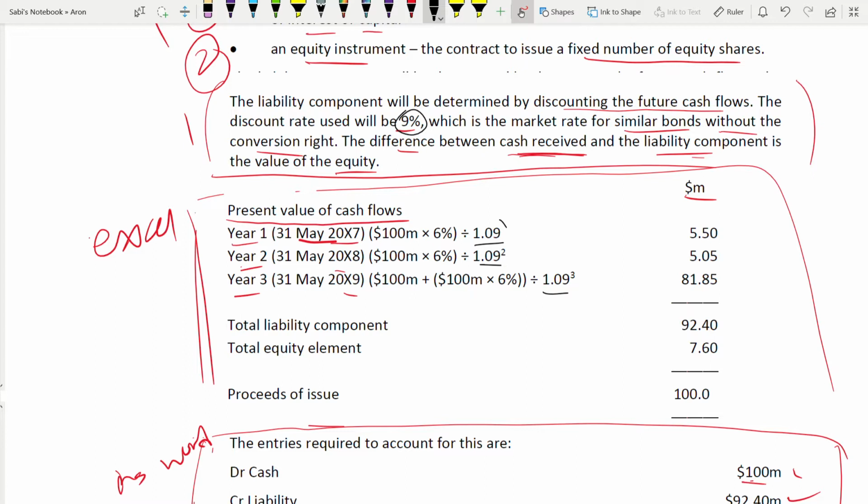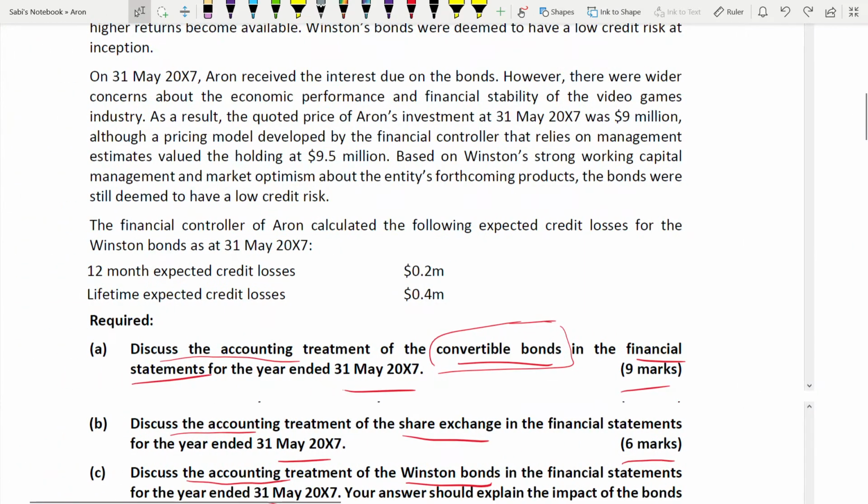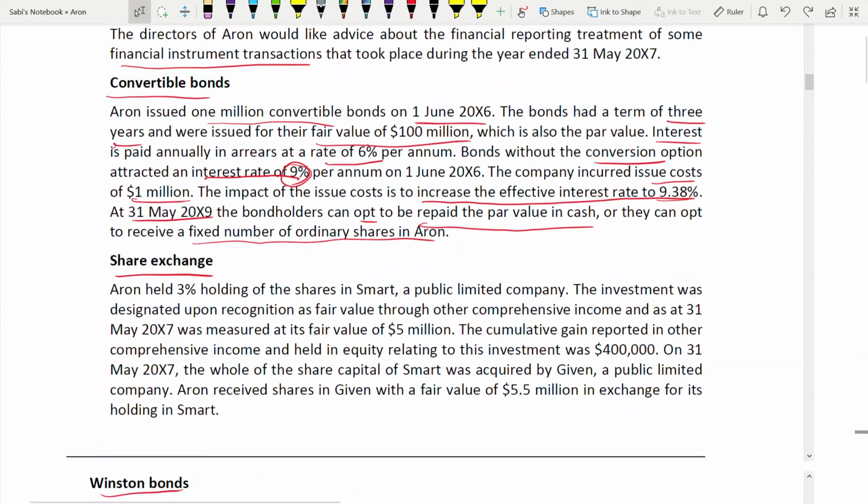Discounting factor 9%. But when you have to find out the interest, you have to use this 6%. Interest is paid annually at this rate.